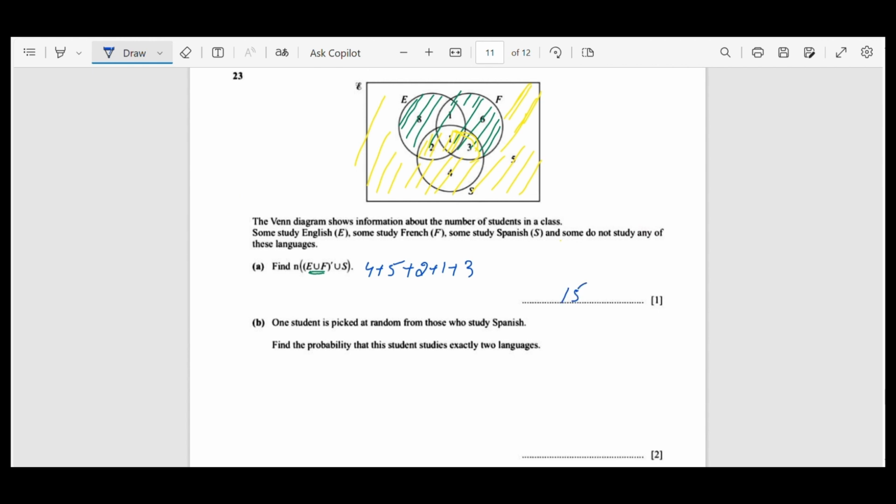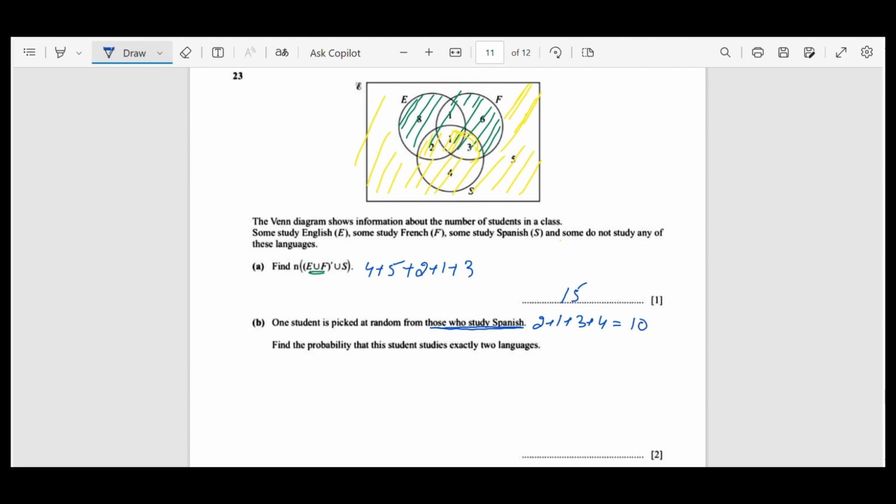Next, one student is picked at random from those who study Spanish. Find the probability that this student studies exactly two languages. So we need to pick from Spanish. The total number of students in Spanish will be 2 plus 1 plus 3 plus 4, which is equal to 10, right?